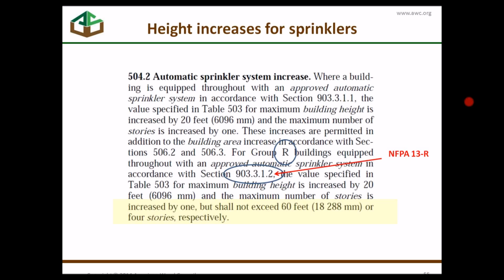It's a residential sprinkler standard, a little bit different from the full NFPA 13 system. It does allow the omission of sprinklers in certain areas of the building. In that case, you're limited to 4 stories total. That's the top limit for Group R using this sprinkler system. Now, if you have a full 13 system up here, then this does not apply down here. Your Group Rs, of course, can go higher if you have a full 13 system.